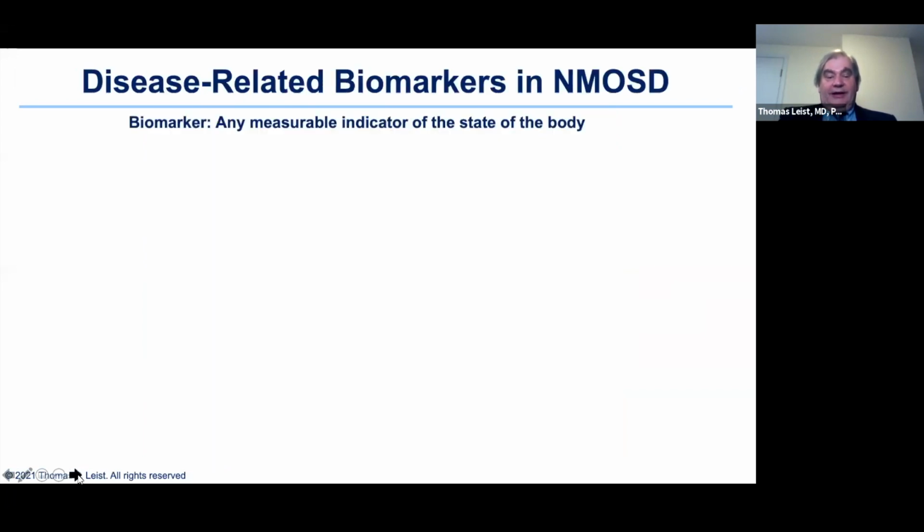So with the neuromyelitis optica antibody, we have a biomarker. We have a biomarker that identifies the disease. We don't have such a laboratory-based biomarker for MS. If you view the prior discussions in this series, you will see that in multiple sclerosis, we always talk of the MRI as a biomarker.